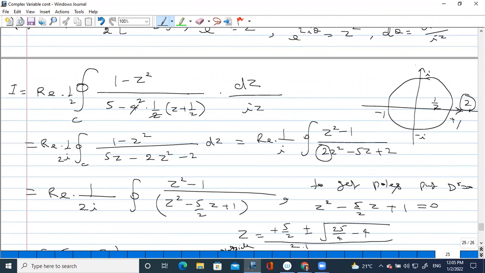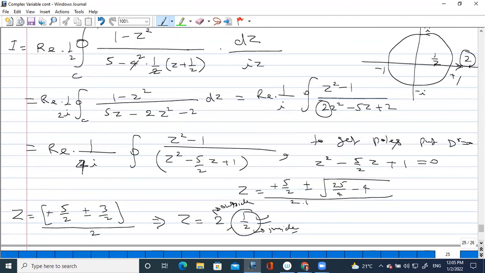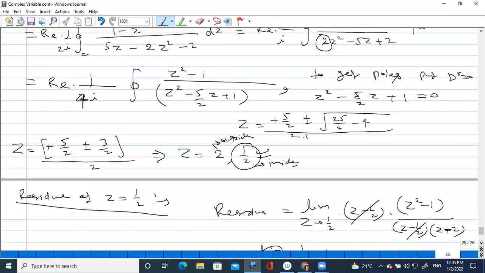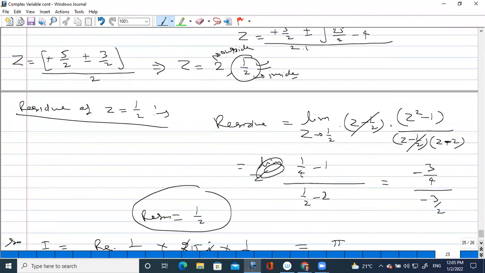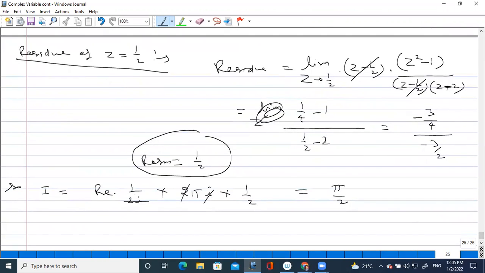It will be 2i, it will become 4i. So answer is pi by 4. So this is the correct answer.